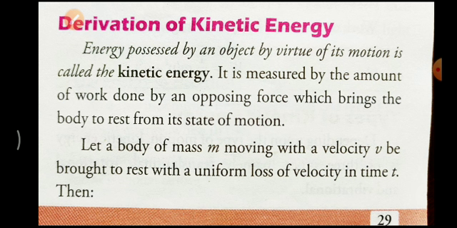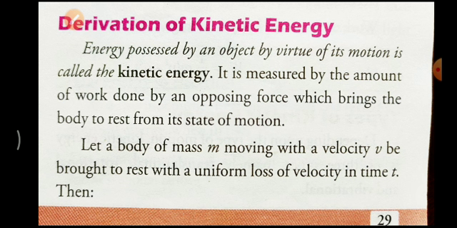That's why it is measured by the amount of work done by an opposing force. Obviously, if an object is moving from left to right, the opposing force will act from right to left. Then only we can stop it.